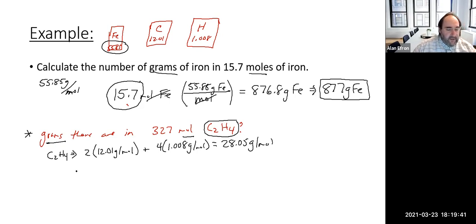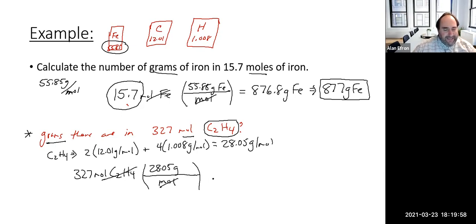So we'll start with the 327 moles that was given to us in the problem. Same approach: moles are on top, so we want moles on the bottom so they cancel. The 28.05 grams there. Moles cancel, and we get 327 times 28.05.